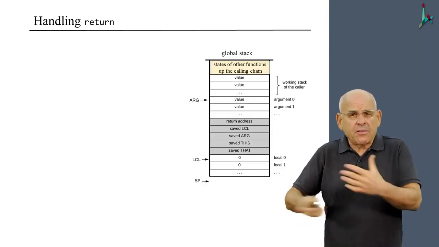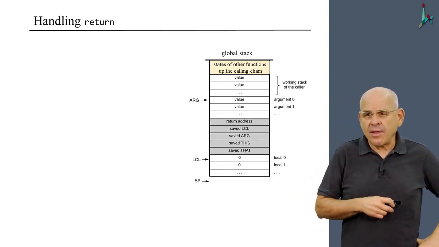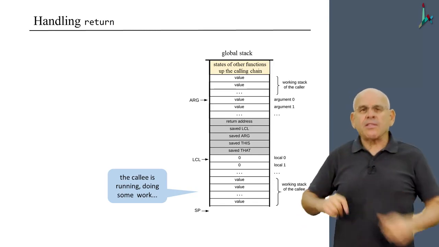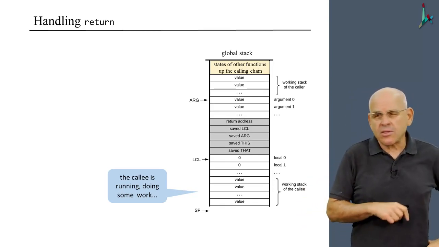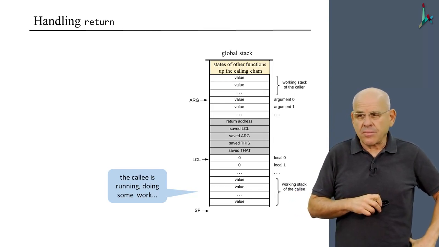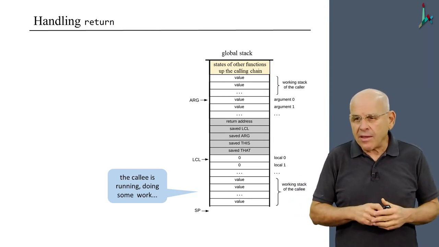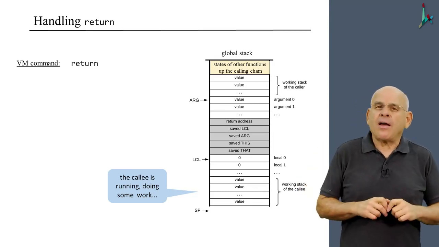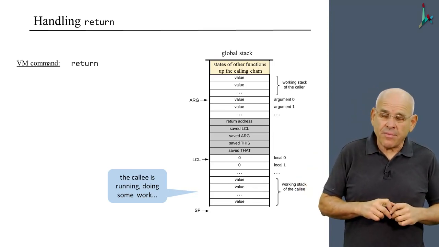All right, so the called function did some work and grew its working stack. A working stack includes all sorts of stuff that the called function created. And then I have a return command.